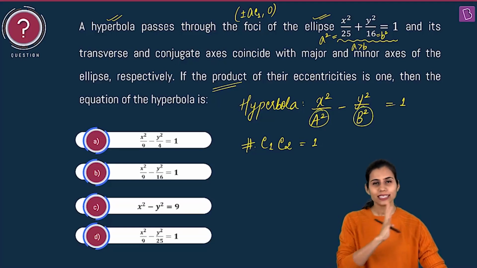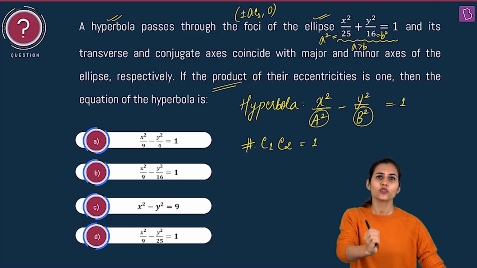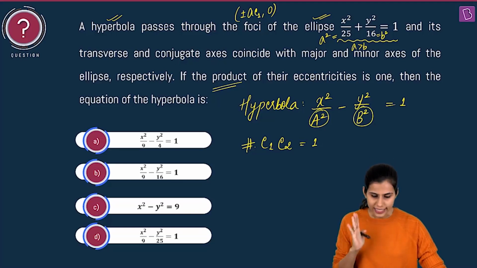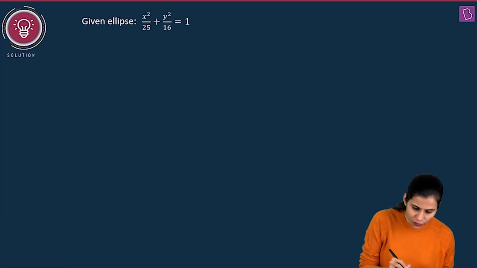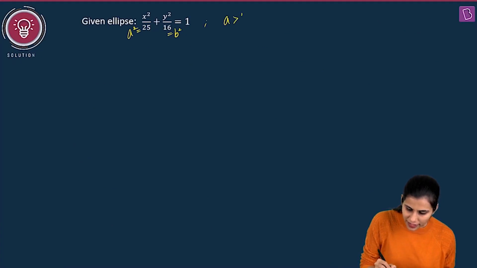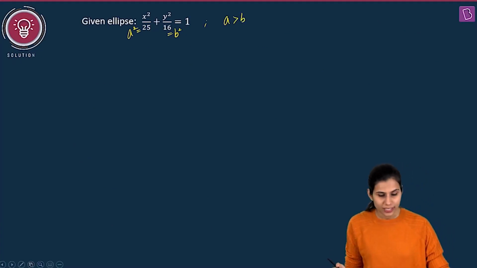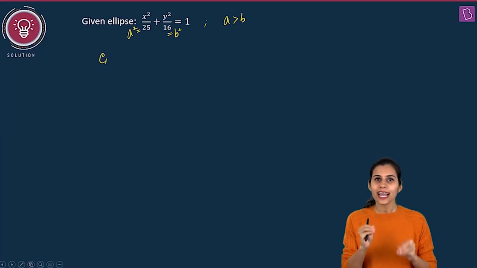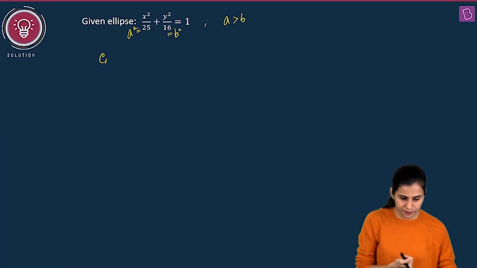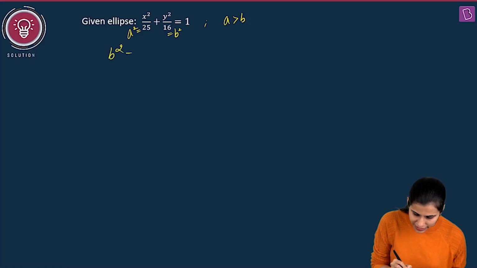See, one by one, step by step, take the baby steps and you will reach the answer very nicely. See, you have your ellipse with yourself. Yes, I know A square is 25, I know B square is 16, A is greater than B. My ellipse is a standard horizontal ellipse, its eccentricity is E1. What is the relationship between A, B and E1 which will be satisfied here? You know B square is equal to A square into 1 minus E1 square.